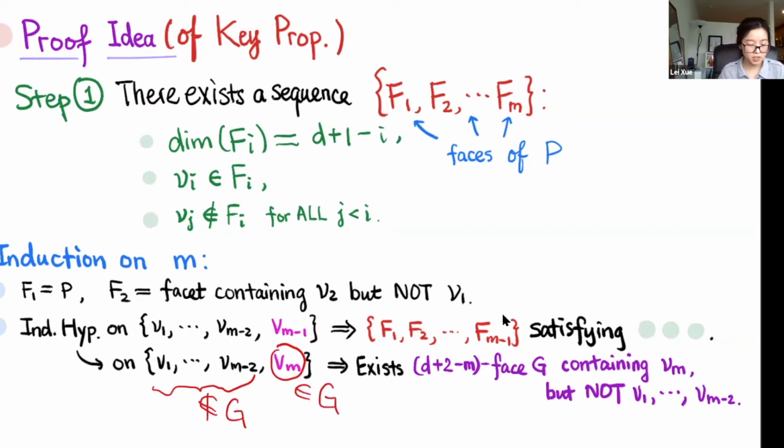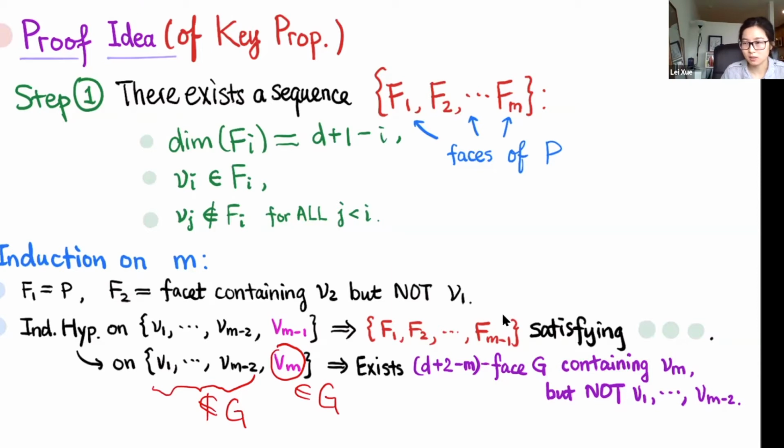So if this G actually also doesn't contain Vm minus 1, we could be done easily. But even if it does contain Vm minus 1, it's still okay because we're only missing Fm for now, and we want it to be of dimension d plus 1 minus m. G has dimension 1 higher than that.